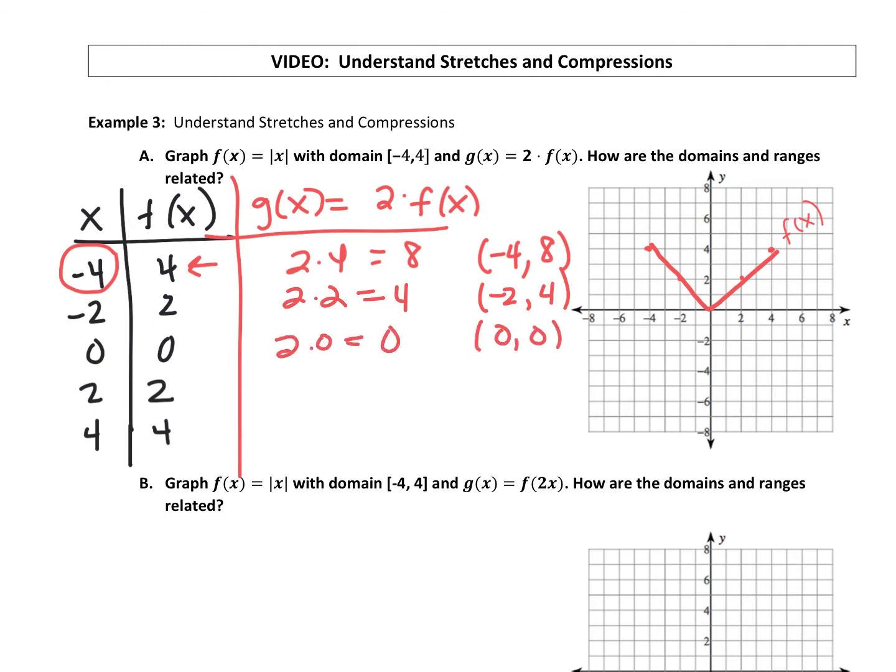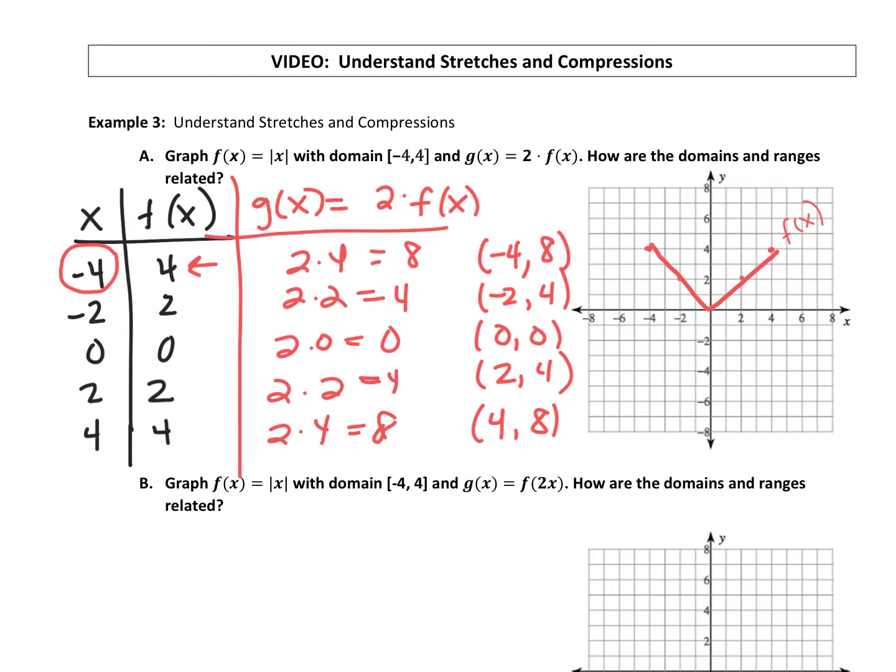So that's still 0, 0. 2 times 2 to get 4. So we have 2, 4. And 2 times 4 to get 8, which gives us 4, 8. So these are our new ordered pairs right here. I can see the domain is still from -4 to 4, so we're good.